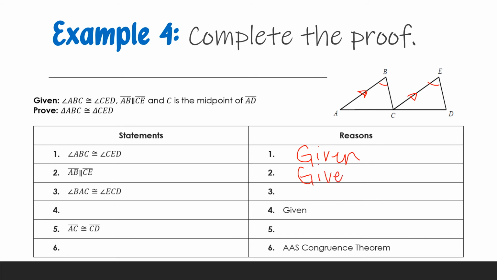And the reason we're told that is we look at those parallel lines and that transversal, it is going to create two congruent angles. Angle BAC and angle ECD are going to be congruent because they are corresponding angles.